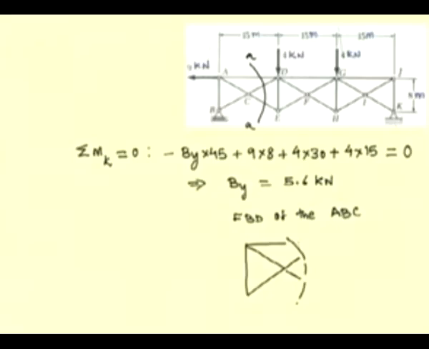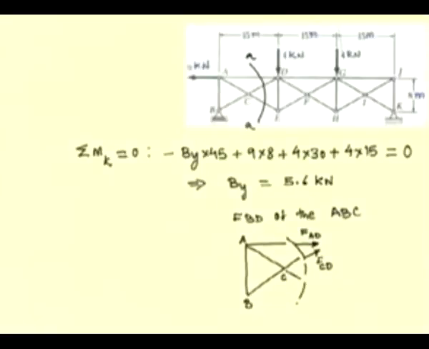Since the section passes through the member AD, we have to include the force in the member AD, and it also passes through the member CD. So, the force in that member has to be also included. We assume all these forces to be tensile forces, so the forces will be acting away from the corresponding joints.